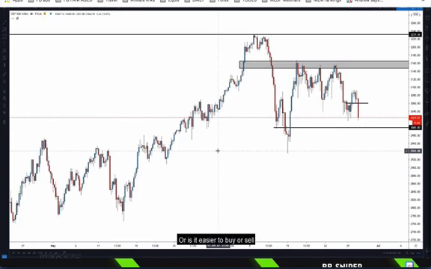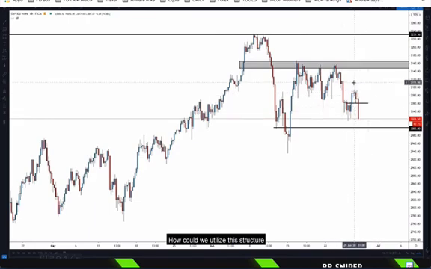Or is it easier to buy or sell at a specific level such as 3,025.5? Most people will take the easy route, 3,025. They don't factor in the decimal place.